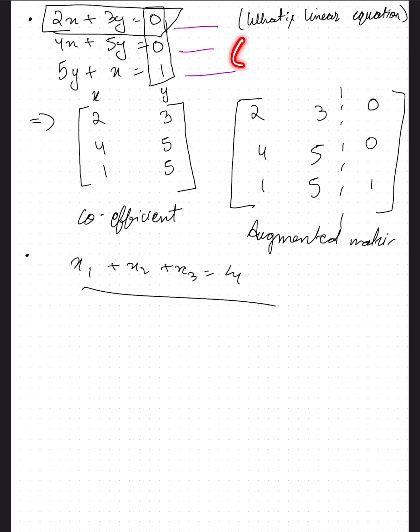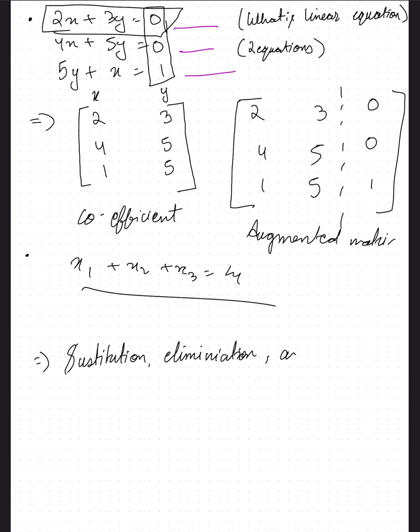I think in high school, maybe middle school, we knew how to solve a system of linear equations, but we only had two equations, right? We could solve it using substitution, elimination, addition, etc.